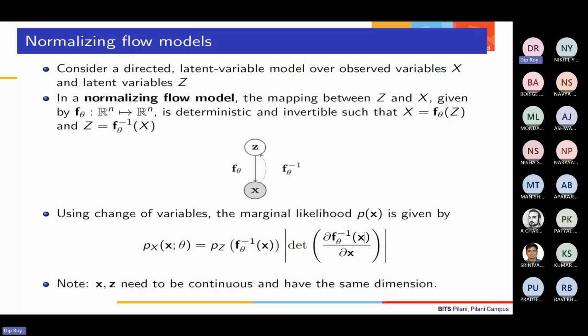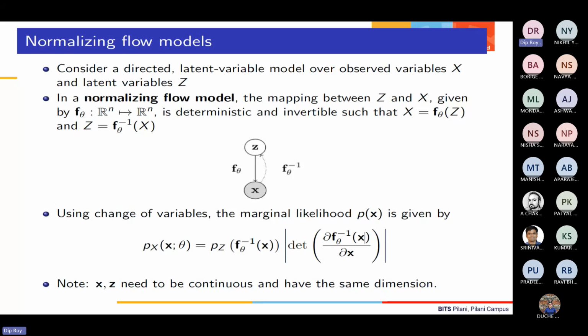These were essentially deterministic invertible transformations. The only problem with those transformations is that they are deterministic in nature, because every X will map to one Z only. So there is a one-to-one mapping. The other problem is that the dimension of Z and X are the same, because it is invertible in nature.